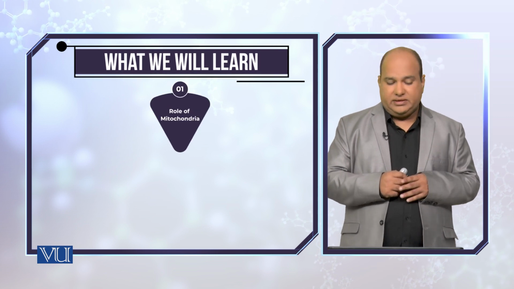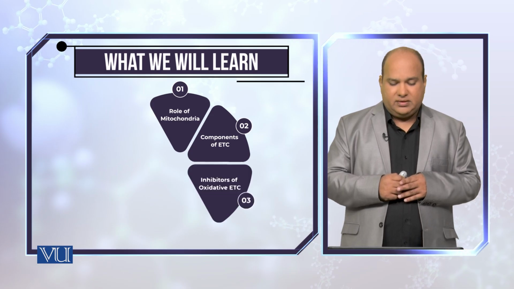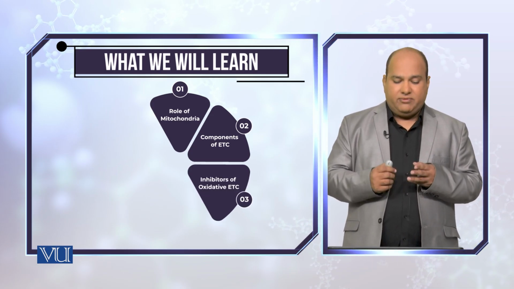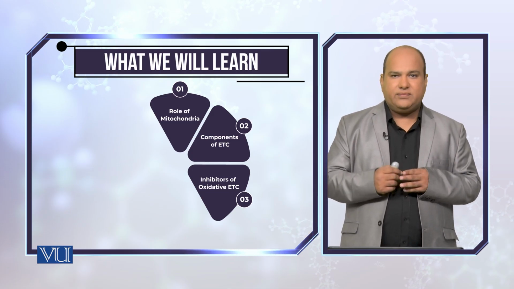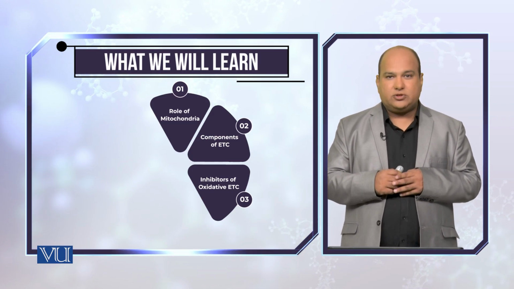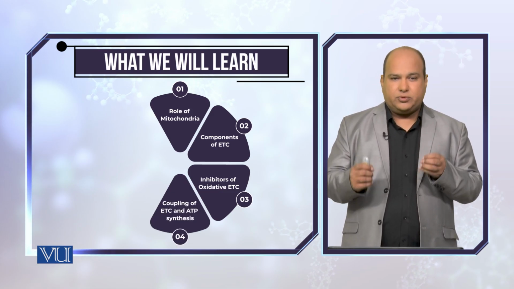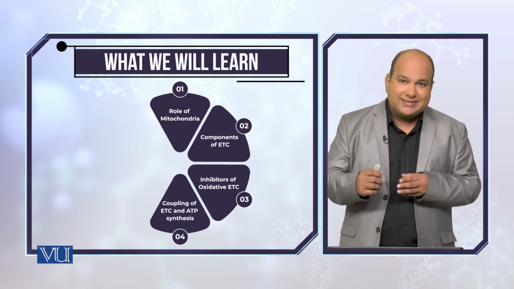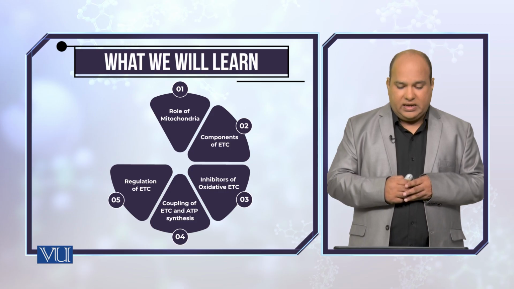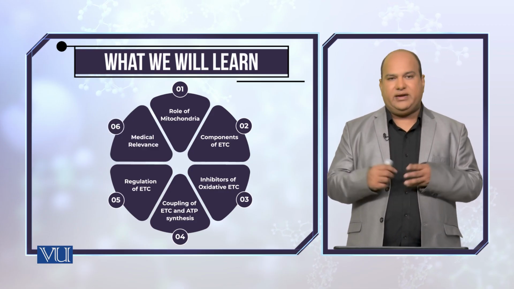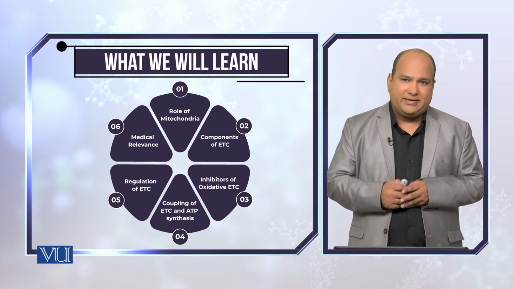We will learn the role of mitochondria, components of the electron transport chain, inhibitors which modulate oxidative phosphorylation in the electron transport chain, coupling of the electron transport chain and ATP synthesis, a very important part, and regulation of the electron transport chain, and finally, of course, like with any metabolic process, the medical relevance.